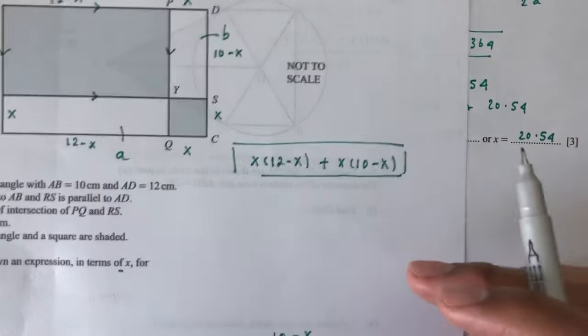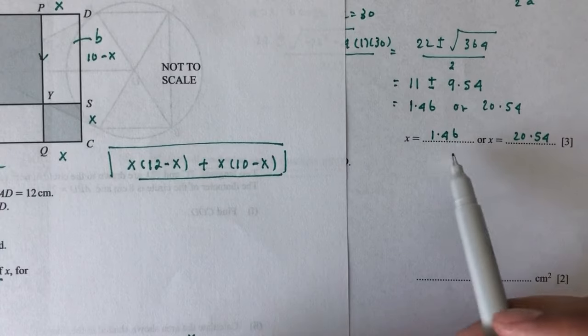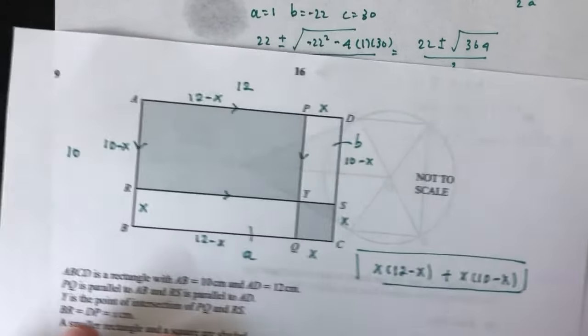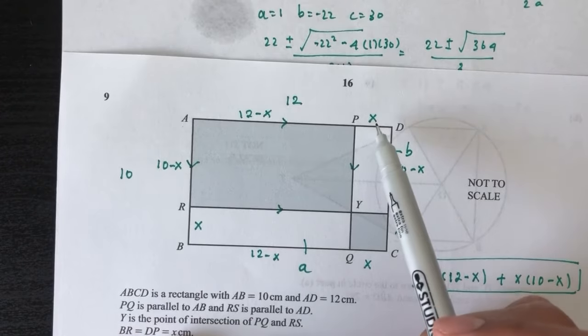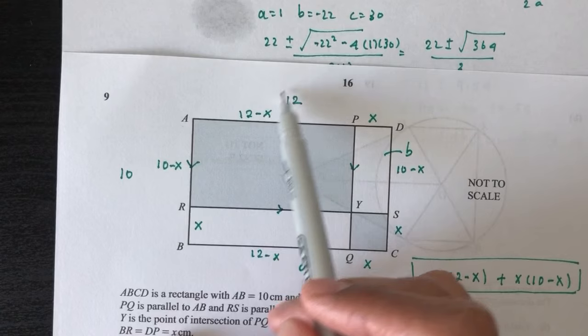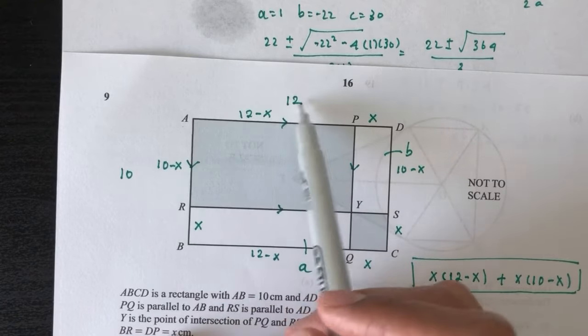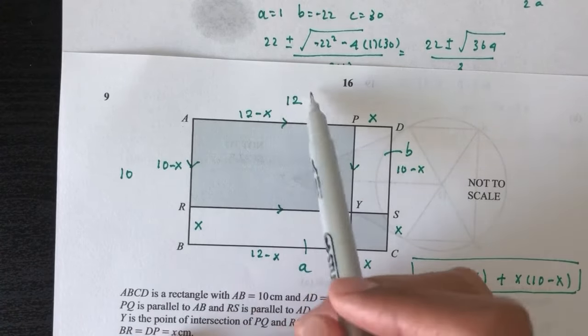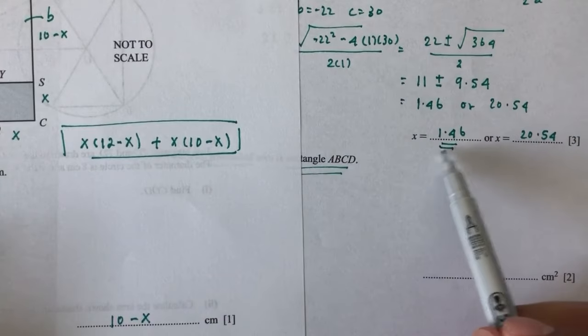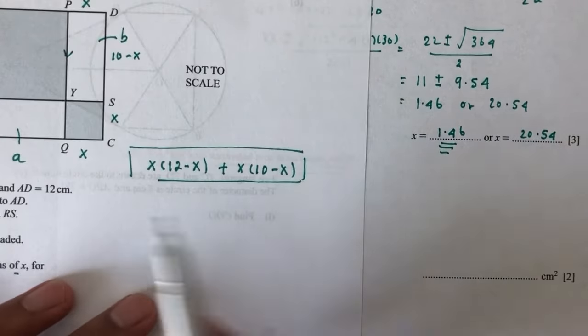Now you can see that we have two answers for x. x can be 1.46 or it can be 20.54. But from what we observe here, x cannot be 20.54 because this whole length is only 12, so x cannot be bigger than this. So x can only be one of the values, which is 1.46. So now let's replace this in the equation.